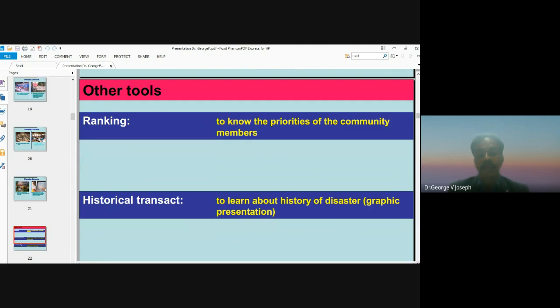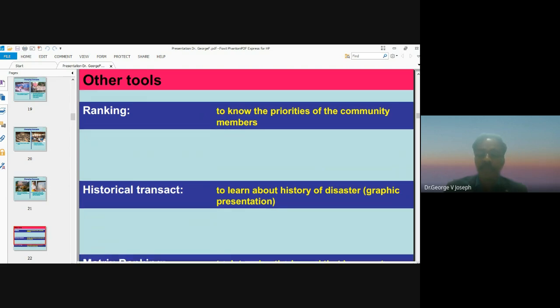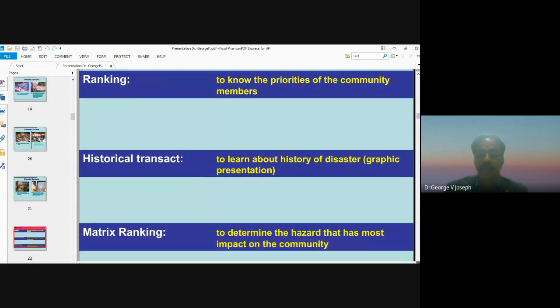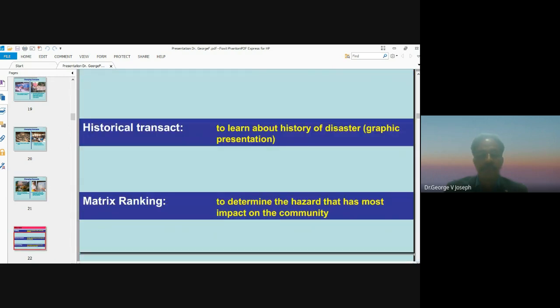Then historical transect, to learn about histories of disasters. Again, you involve the local community. You talk to them about various types of hazardous events which have occurred in your locality, and they will be able to tell you, and from that we are able to understand the issue. Then a matrix to determine the hazard that has the most impact on the community.